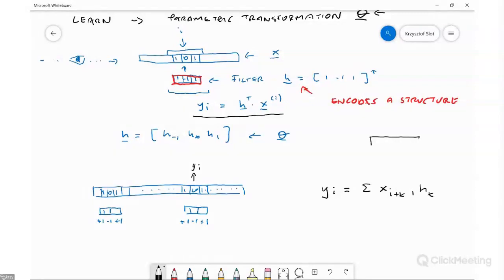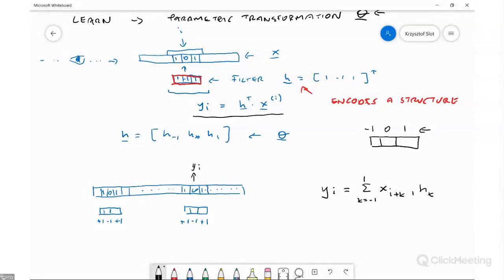Let's say this is my filter, and I will label its entries: this is the -1 entry, this is the 0 entry, this is the 1 entry. These labels are denoted with K from -1 through 1. What I'm computing is products of corresponding entries of a filter and of an input.